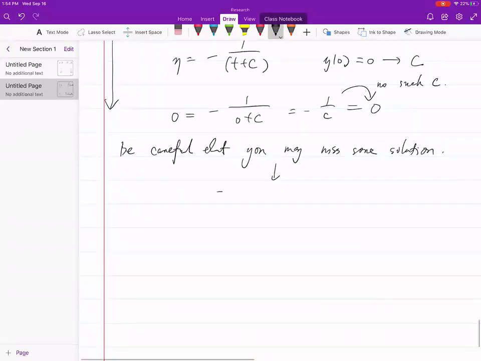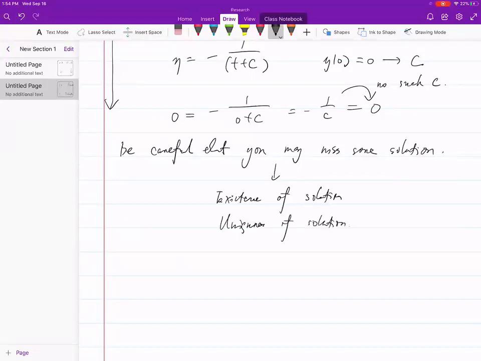That is existence of solution. And moreover, the uniqueness of solution. Is there a way that we can tell before we solve it how many solutions we're expecting? And then if we don't find all of them, we know we're missing something. Okay, that is something we can actually do.